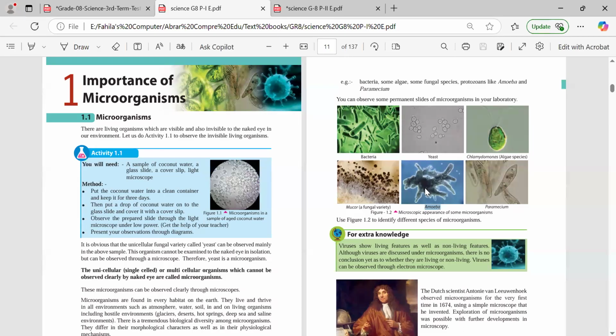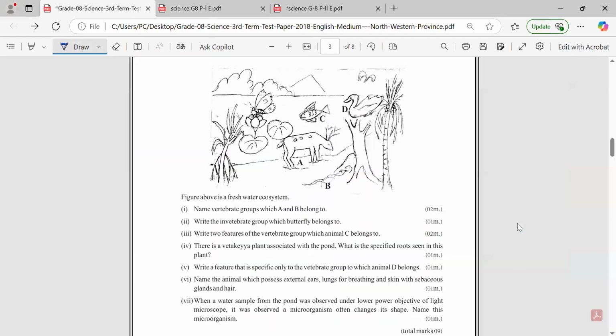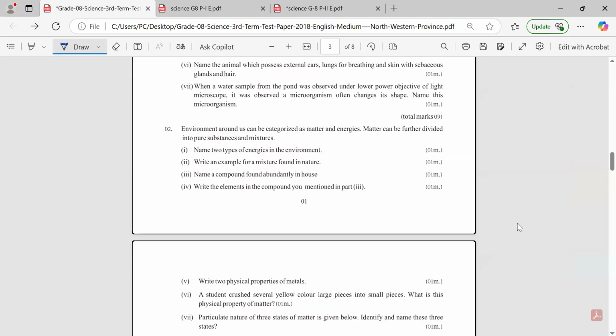It can change its structure and shape, okay? The way it walks is exactly how amoeba goes around. We call these thingies pseudopodia, right? Okay, back to the question, and we are done with that.